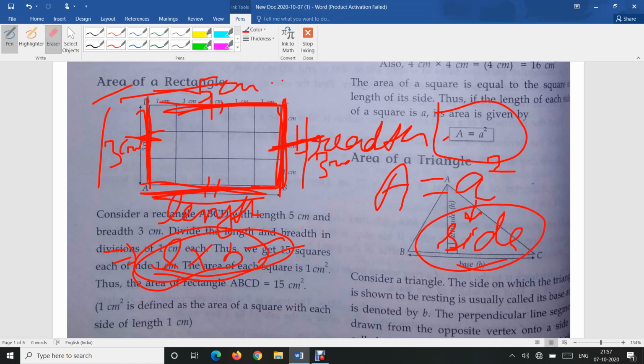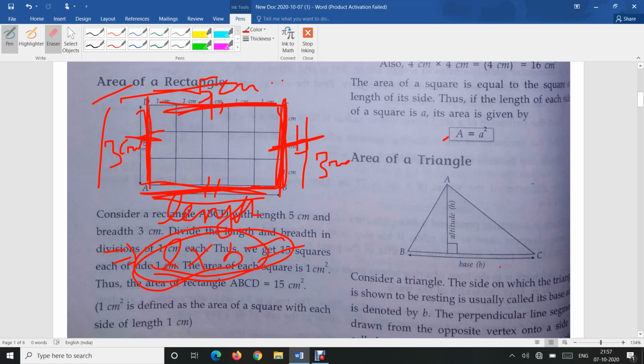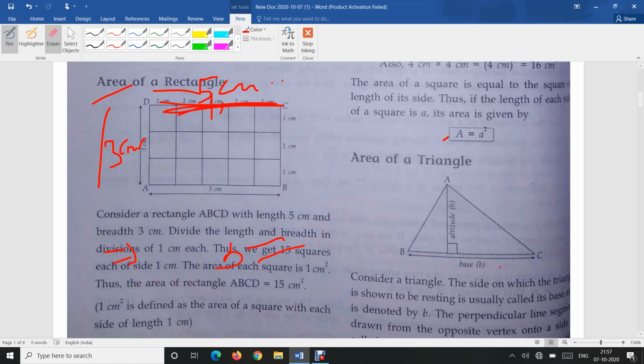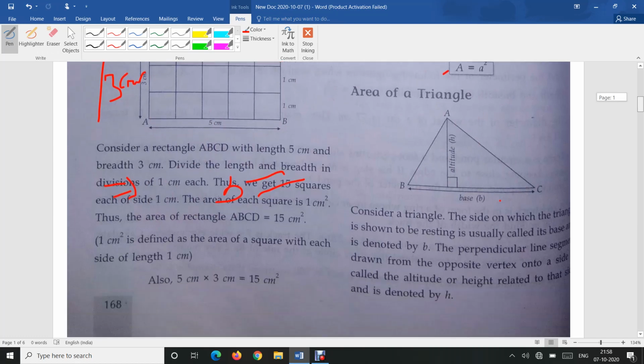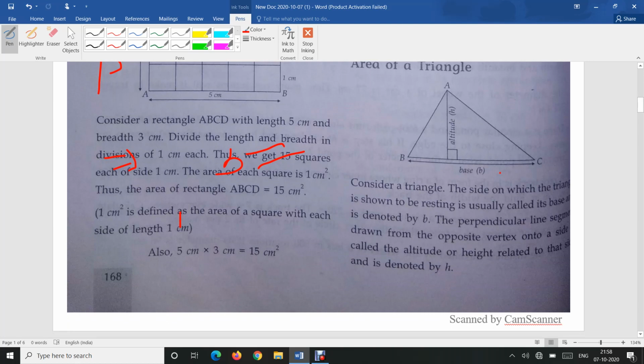The next formula is area of triangle. To find out the area of a triangle, first of all you have to know that area of triangle will be equal to 1/2 multiplied by base multiplied by height.